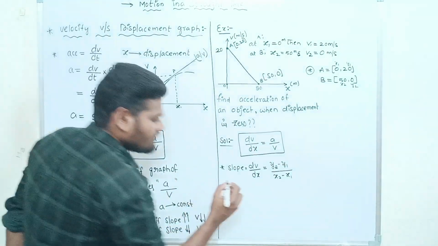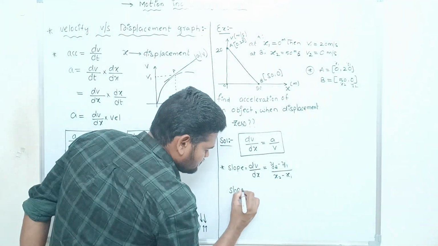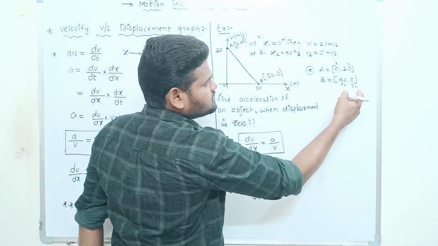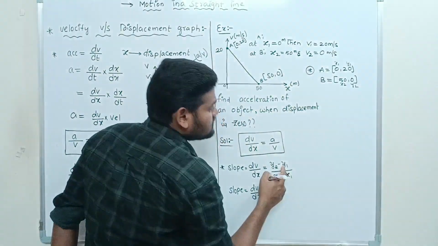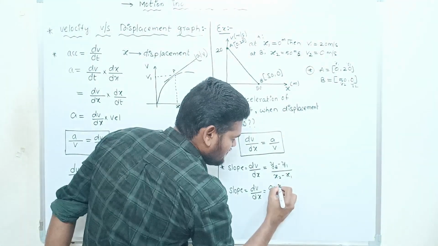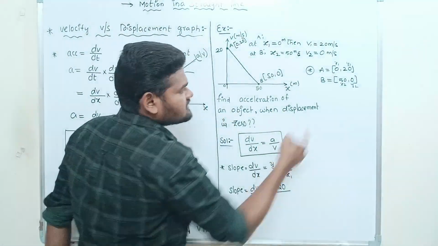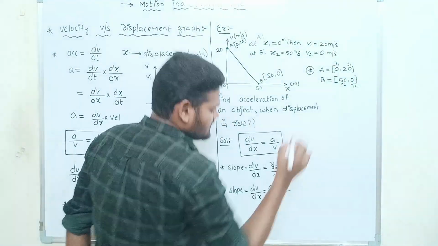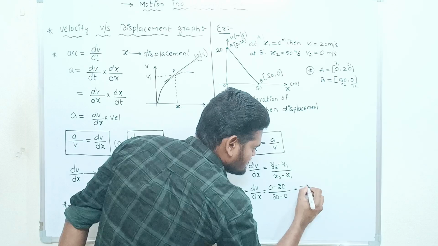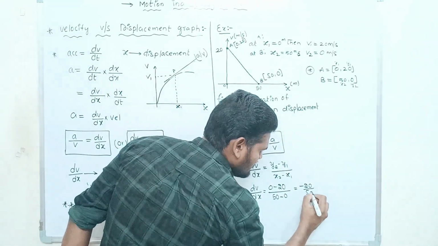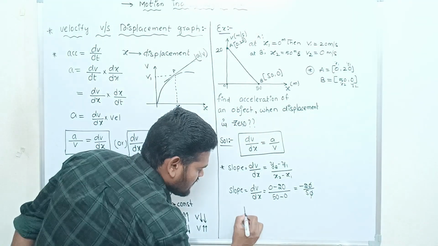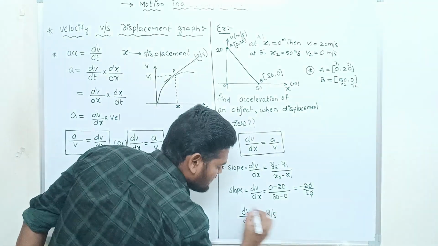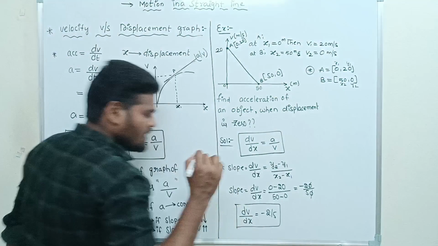So slope dv by dx is equal to 0 minus 20 divided by 50 minus 0, which is minus 20 divided by 50. The zeros cancel out, so the slope dv by dx is minus 2 by 5.